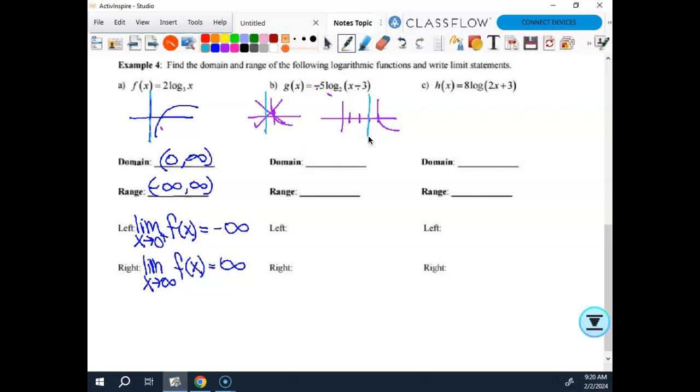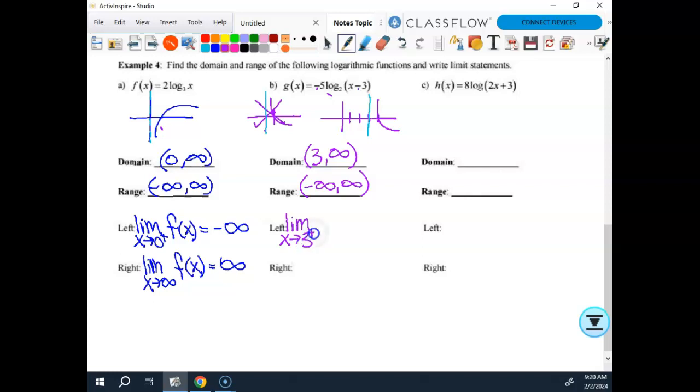And then the reflection affects our limit statements, but it's not going to affect our domain and range. So my domain, where do I start? 3. So I'm going to start at 3, I go to infinity. My range is the same. So then I'm going to have the limit as x approaches what? 3 from the right.